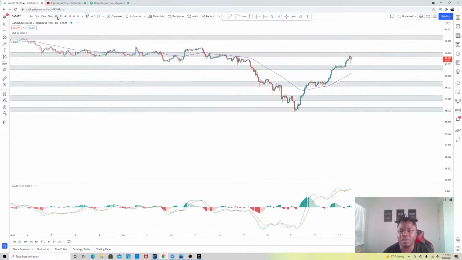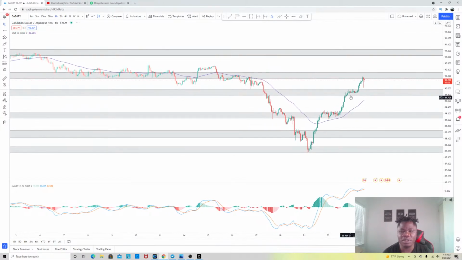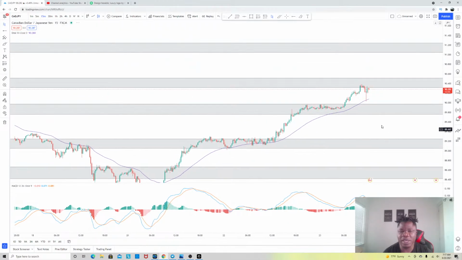But looking at JPY now on the 15-minute time frame as well, if we do have a break up above this resistance zone, then we could see price potentially getting all the way to this zone. That's about 50 pips. We'll see how that plays out.